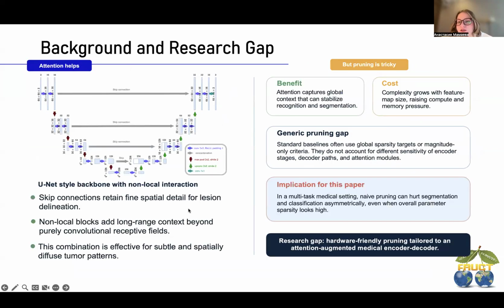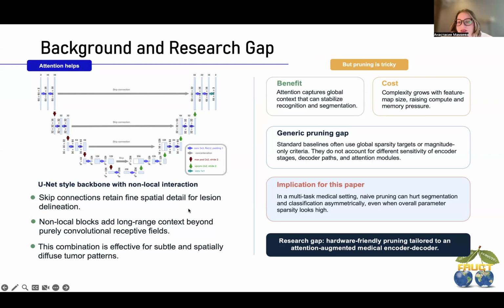U-Net-style encoder-decoder models are still a strong baseline for medical image segmentation. They work well because they combine information from different scales and keep spatial details. At the same time, attention and non-local models can improve the model. They help it capture long-range dependencies and global context, which is useful for difficult lesion analysis in CT images.